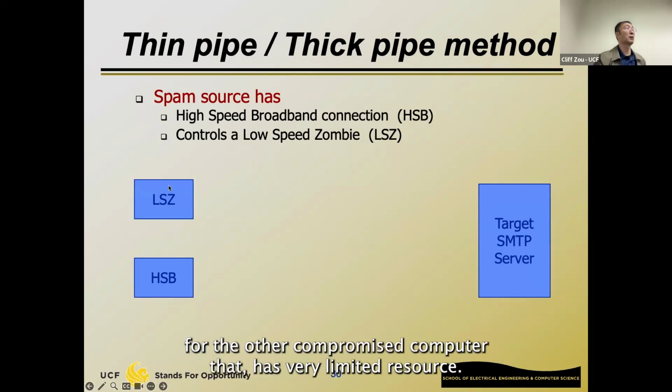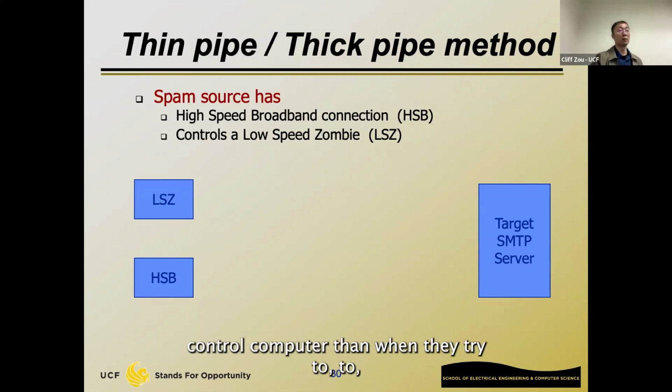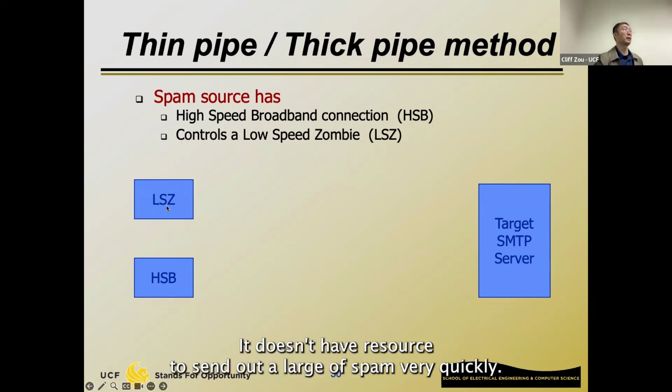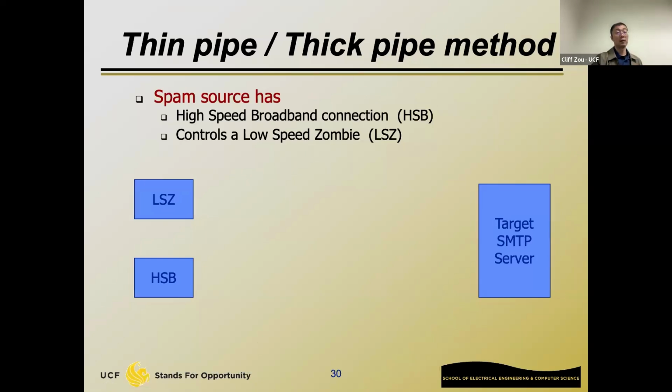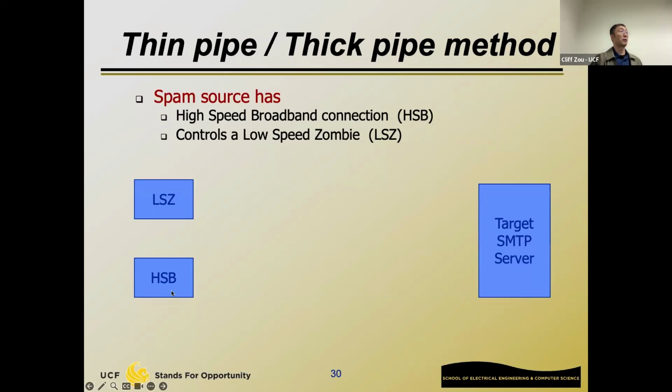The other compromised computers that have very limited resources, they treat as low priority control computers. Then when they try to do a spam campaign, the low bandwidth computer doesn't have the resources to send out a large amount of spam very quickly. So the attacker uses the high-speed compromised machine to send out tens of millions of spam in a very short time.